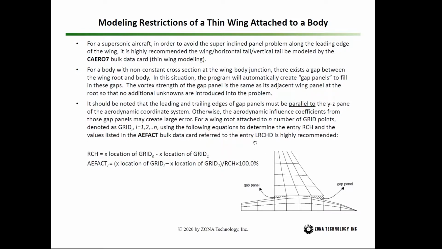For a wing root attached to n number of grid points on the body, such as grid 1 to n, you have to use the following equation to calculate the RCH, which is the wing root chord in the CL7. So RCH must be this x location minus this x location.